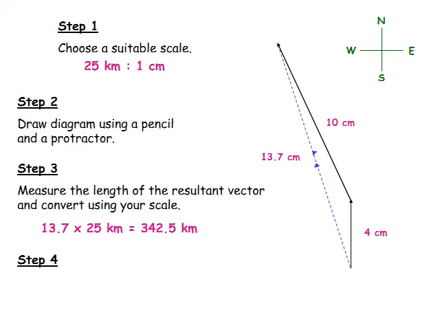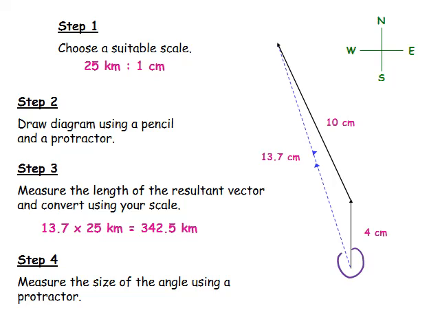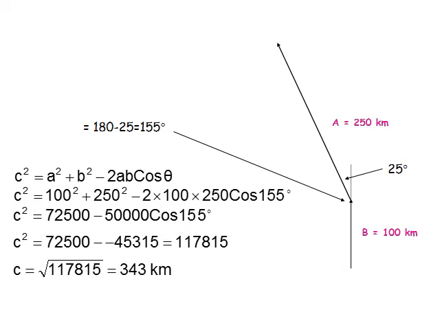I then need to work out the angle using a protractor, and the angle I'm interested in is that one there. Well, that's the bearing I'm interested in. I can measure that angle, then take it away from 360 degrees.